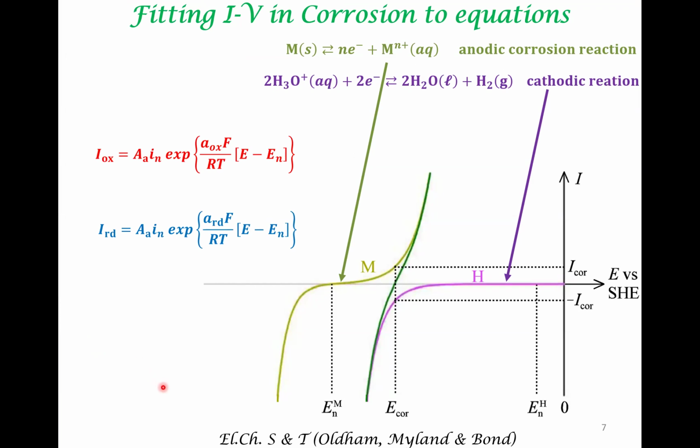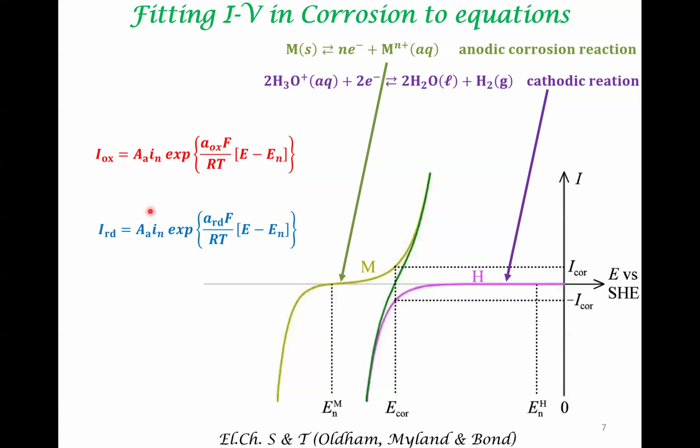Moving on, as soon as you see this form of curve, you would anticipate that you can fit it to an equation of this form. There is an exponential term and a few other terms. Here, this term is notionally the area of the corroding sample.